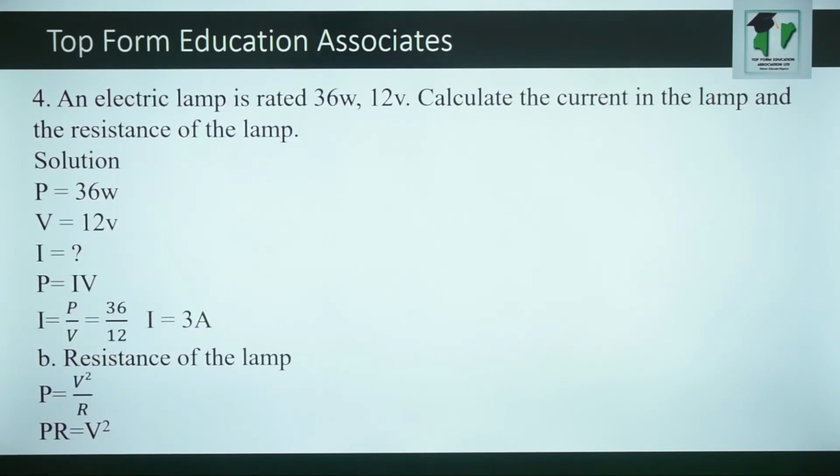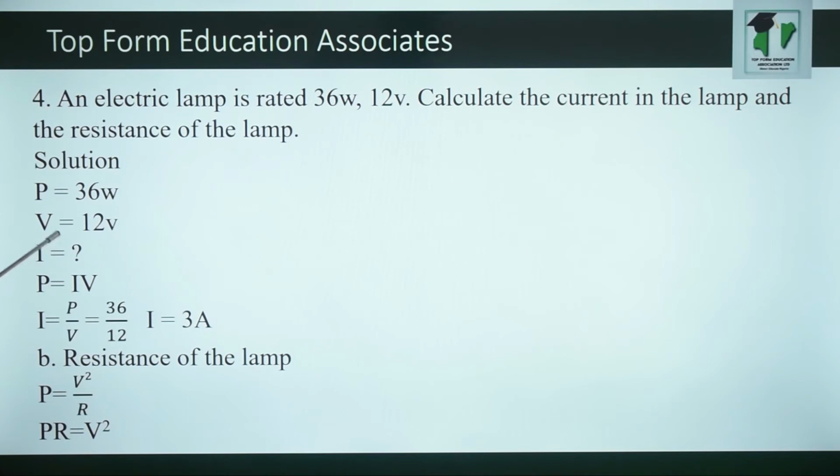Now the number 4. An electric lamp is rated 36 watts, 12 volts. Calculate the current in the lamp and the resistance of the lamp. So if you look at this, 36 watts represent the power here. P is 36 watts. The voltage is 12 volts. Calculate the current. We don't know the current.